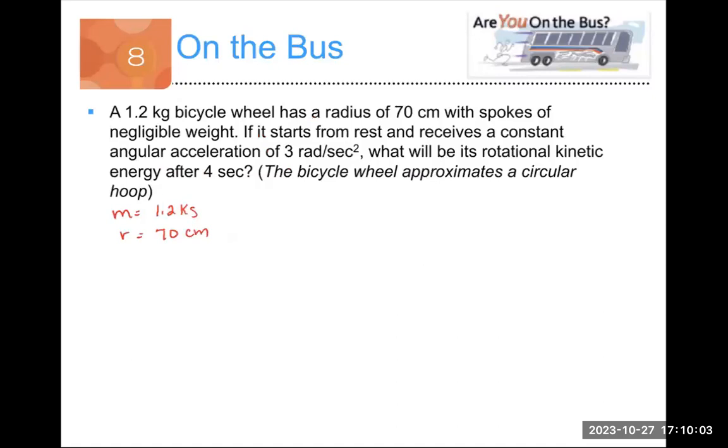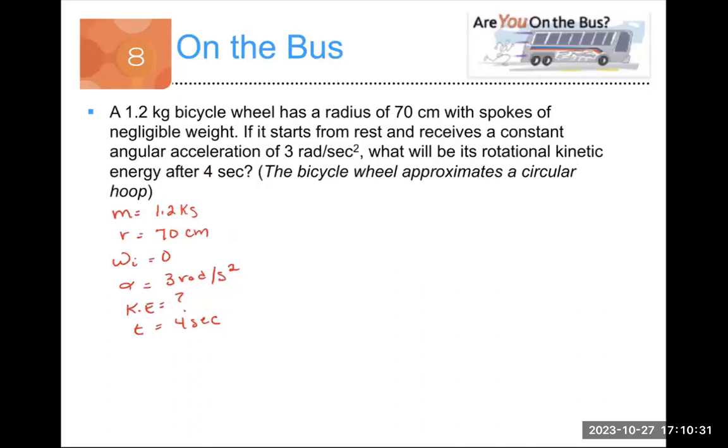It starts from rest, so we know omega initial is 0, receives a constant angular acceleration, so alpha is 3 radians per second squared, and you're asked to find the rotational kinetic energy. So we're looking for kinetic energy after a time of 4 seconds.